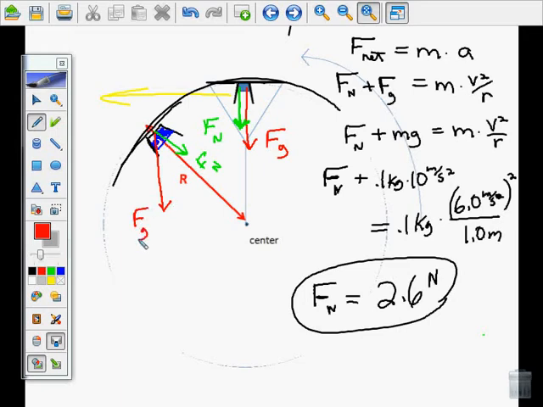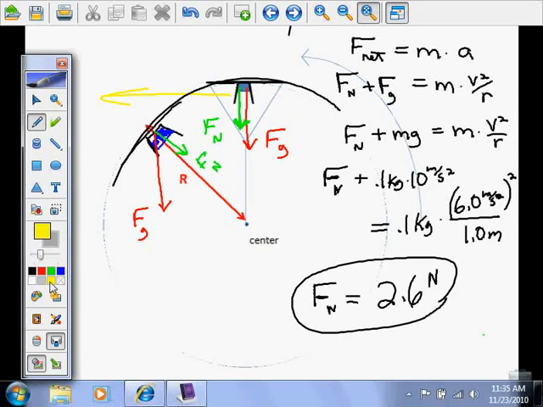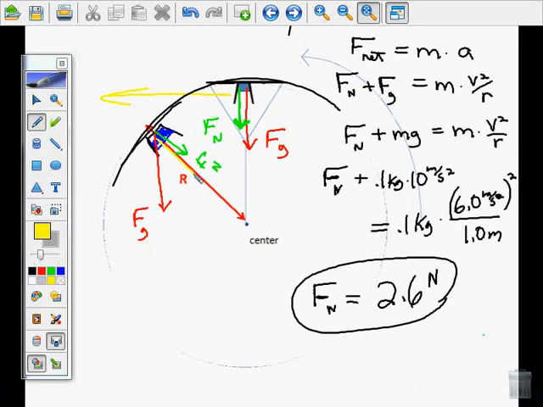That force due to gravity would have to be broken up into components, because part of that force due to gravity would be pulling this way, and part of that Fg would be pulling that way. So this is one component of Fg, this is another perpendicular component of Fg.